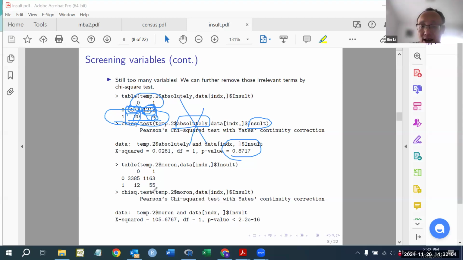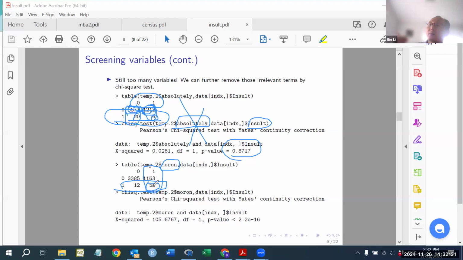On the other hand, let's see another word, moron. You can see there are about 67 documents in the training set that contain moron, and most of them appeared in the insulting. Insulting only contains about 1/4 of the total, but most of these appear in the insulting. So there's a strong connection.